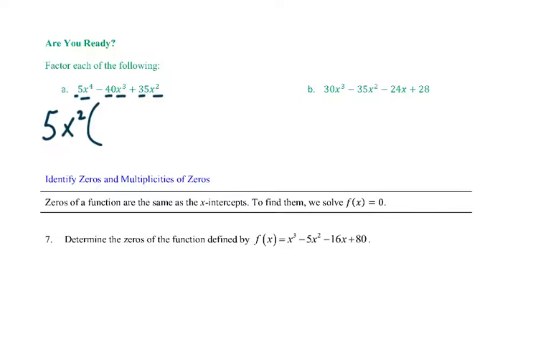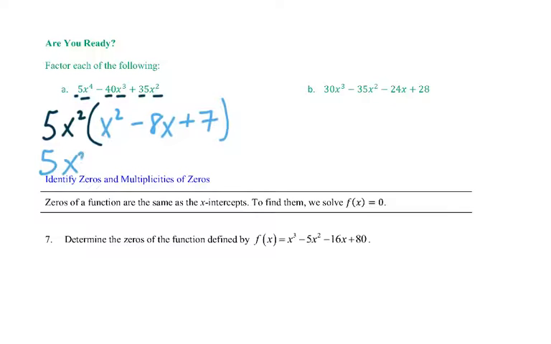Essentially, we are dividing each of these terms by 5x squared, which will result in an x squared minus 8x and a plus 7. So if I divide 5x to the fourth by 5x squared, I'm left with x squared. If I divide negative 40x to the third by 5x squared, I'm left with negative 8x, and so on.